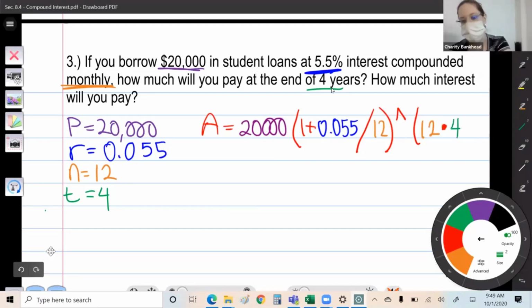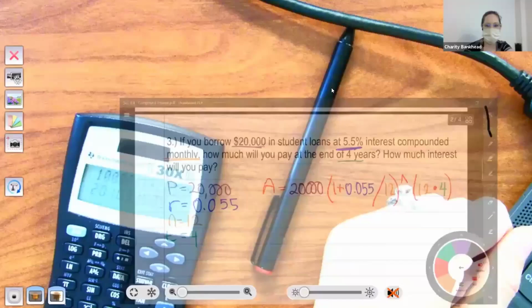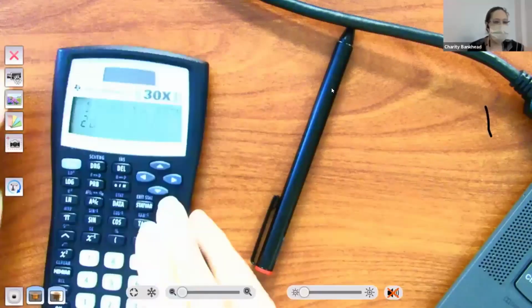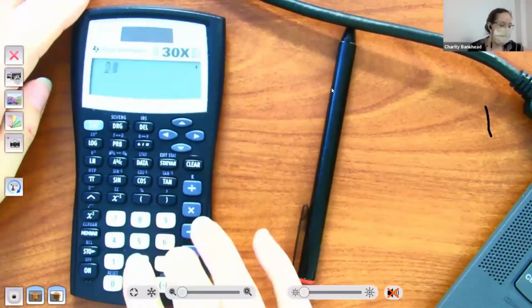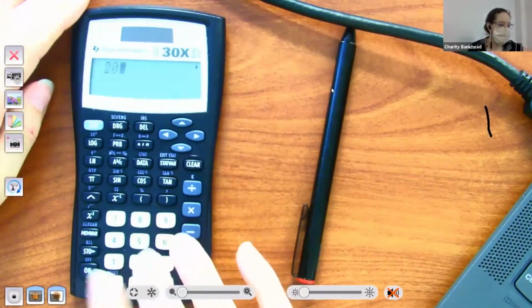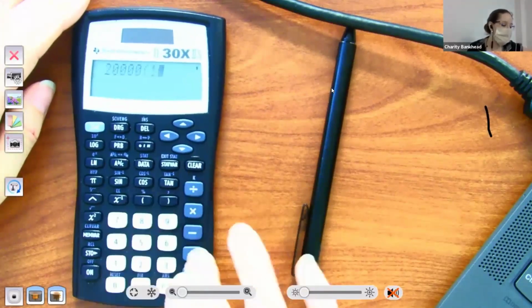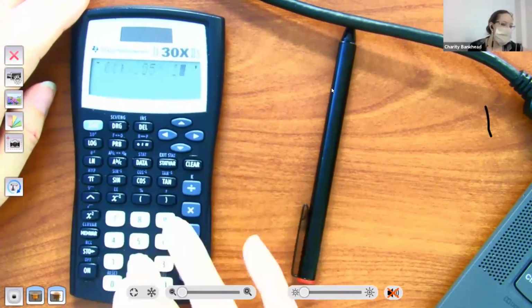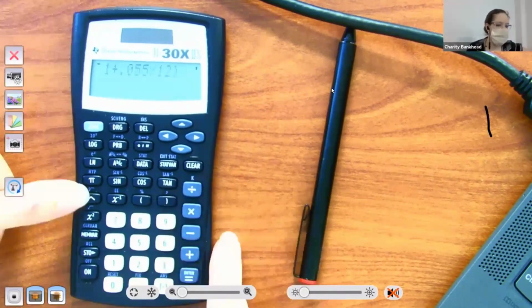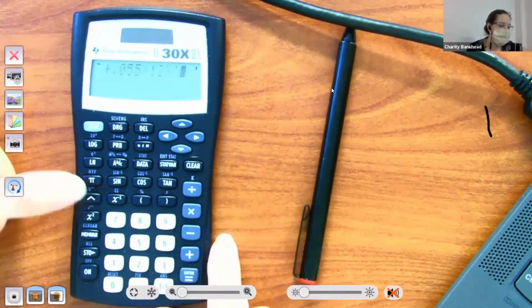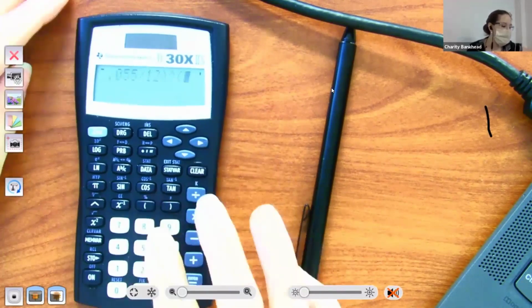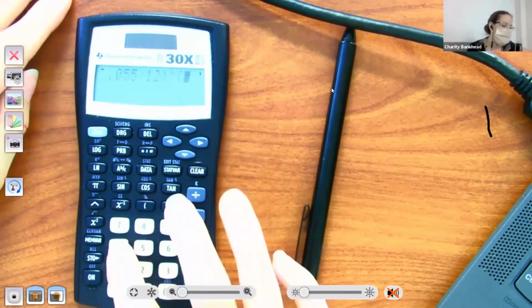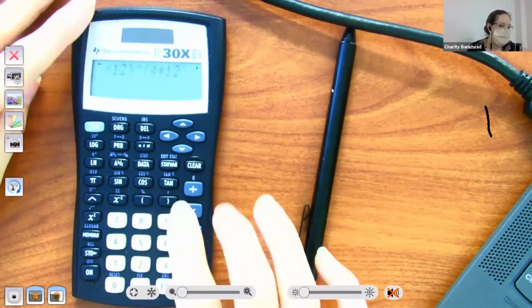And then we would just put that into the calculator. So 20,000, open parentheses, 1 plus 0.055 divided by 12, close the parentheses, to the power of, open parentheses, 4 times 12.